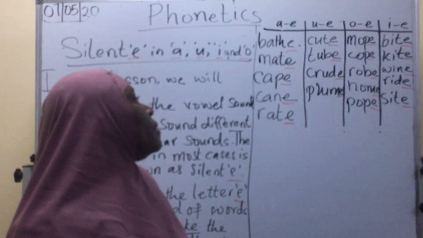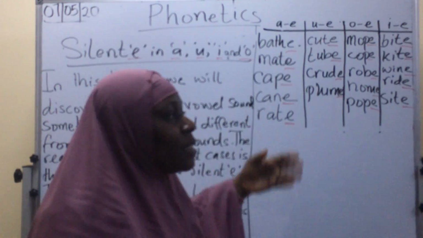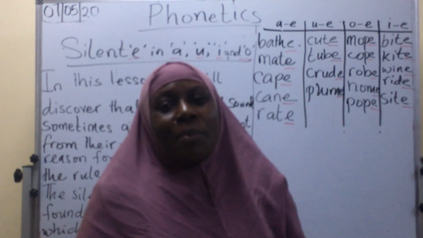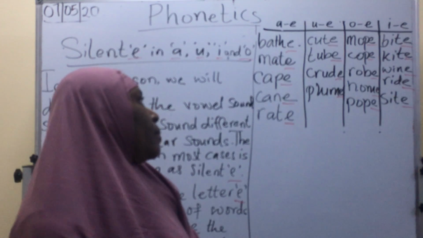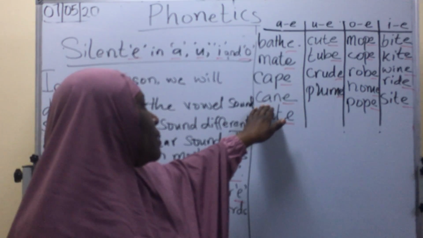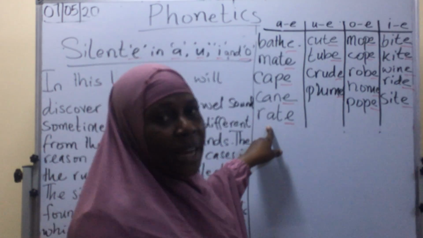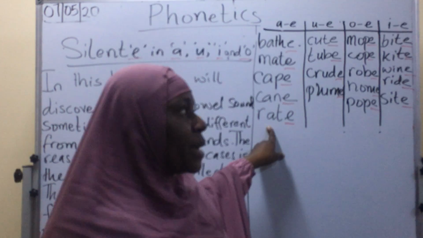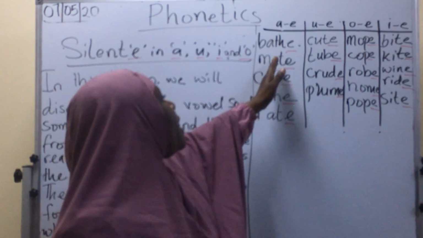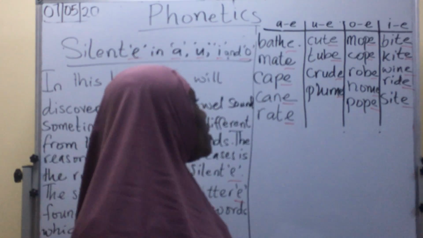The next one, without even telling you, I know some of you will already say cake. So the next one is cake. And this one is cane. And the last one here is rate. So we can all see the A sound in the words.